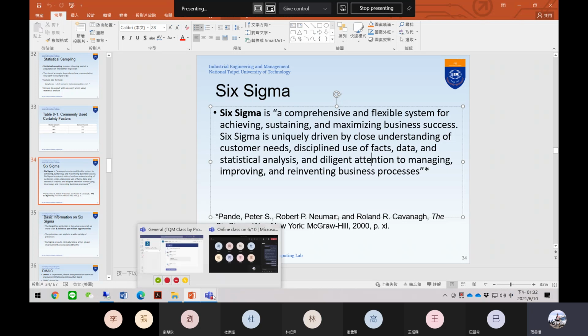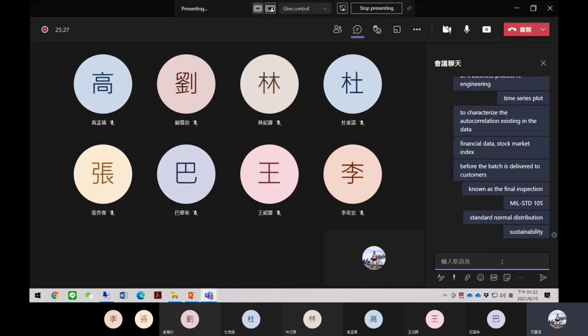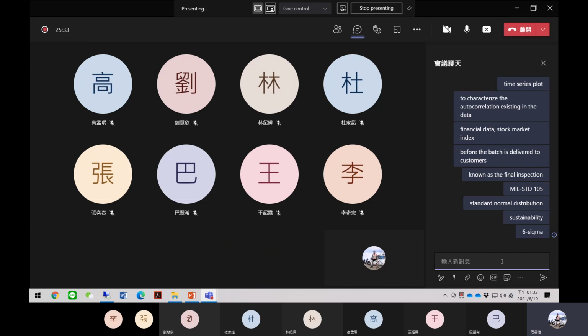What is the standard procedure for Six Sigma? Would any one of you give me some review about the procedure of Six Sigma? Qihong, are you there? Yes, teacher.